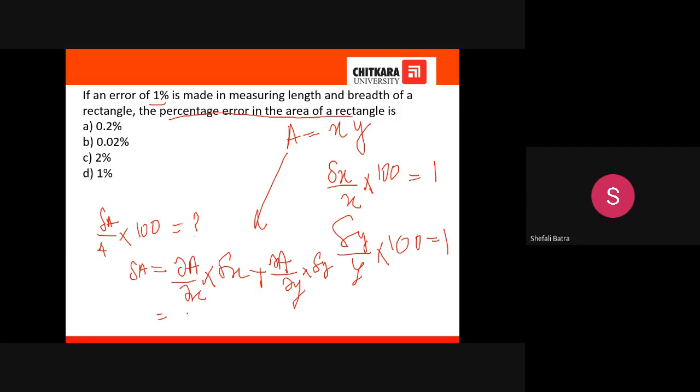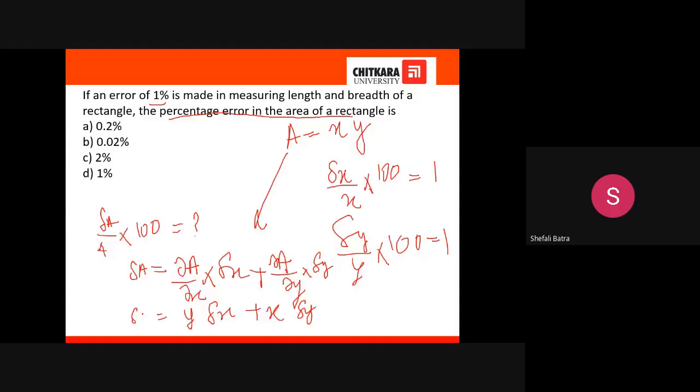Yes, it is y delta x plus curly A by curly y, that would be x delta y.